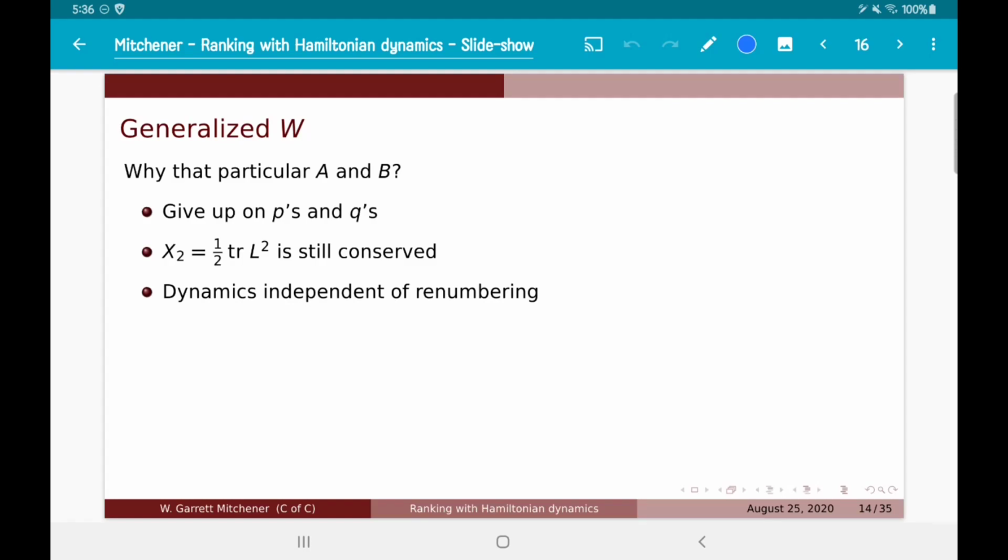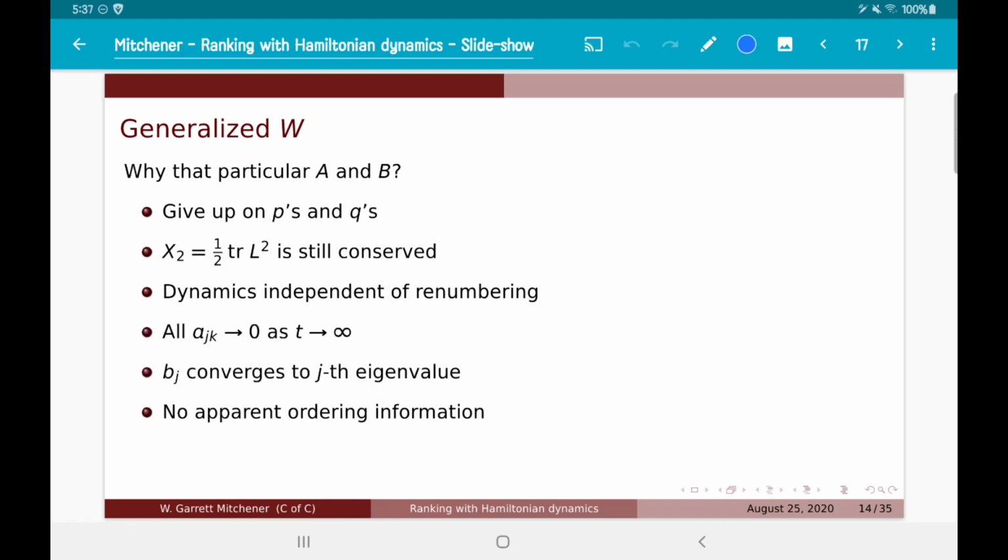Also, the dynamics that you get out of this are independent of renumbering. So if you were to renumber the items, you would get the same thing here, and the dynamics would just be renumbered as well. So that's an important feature.